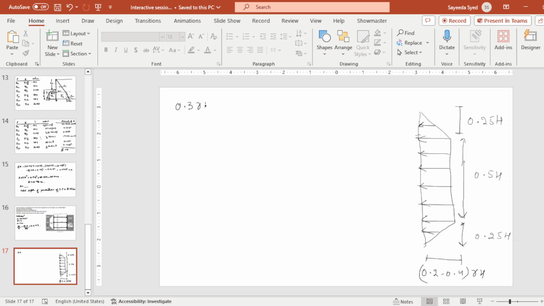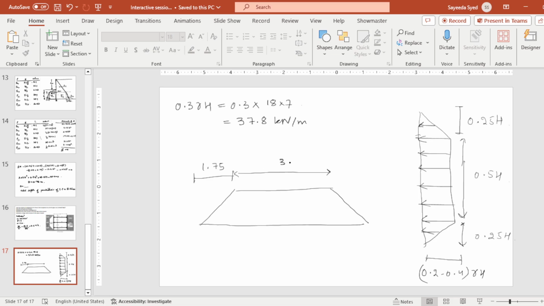Like this, this will be 1.75, this will be 3.5, this will be 1.75, and this will be 37.8.